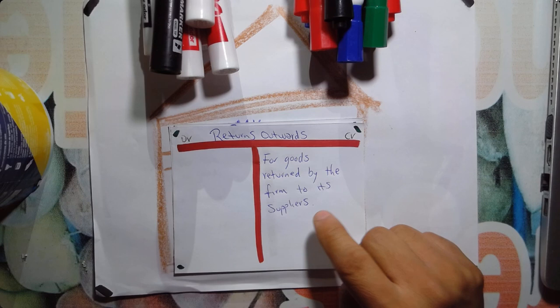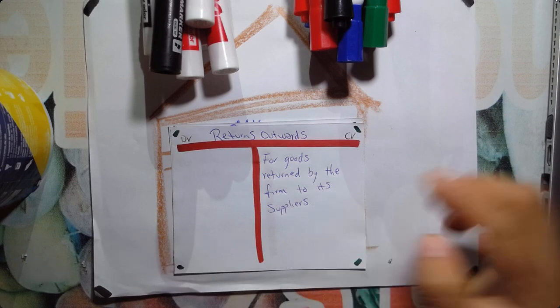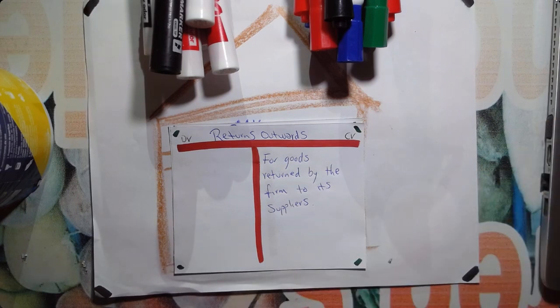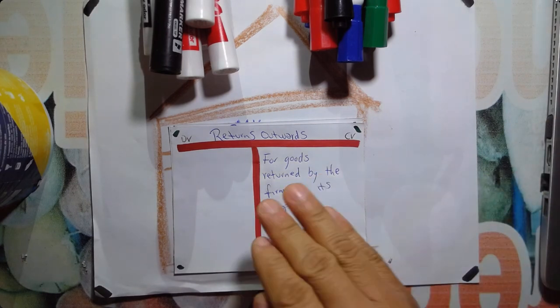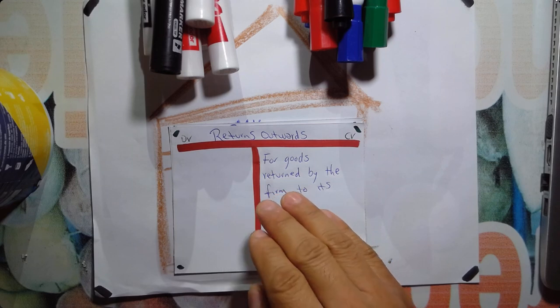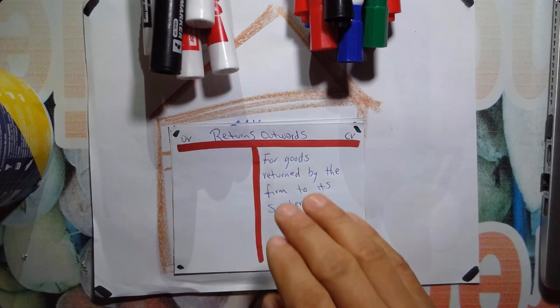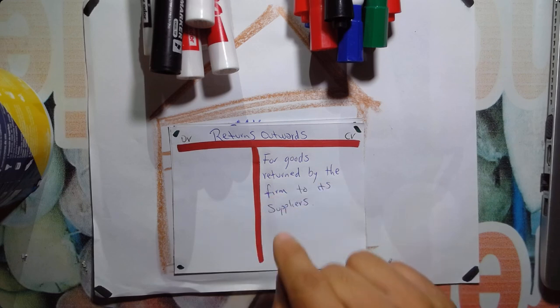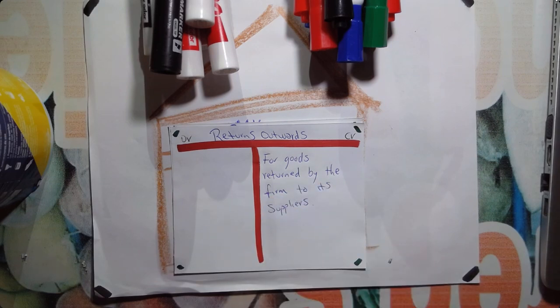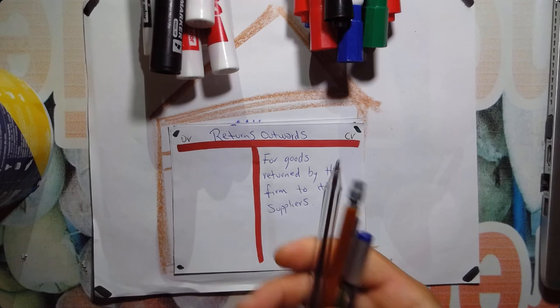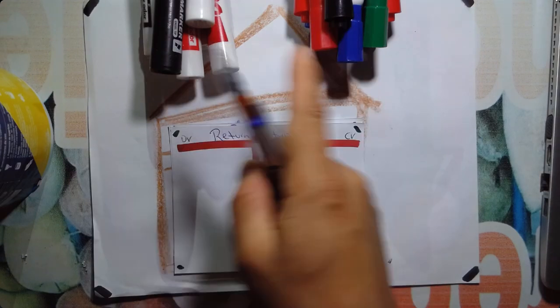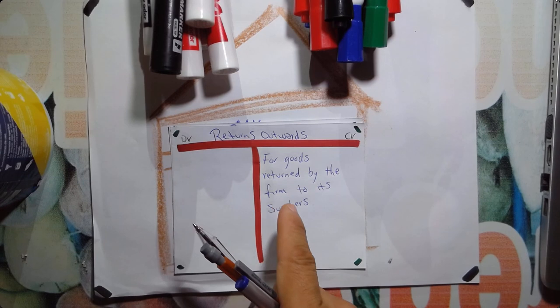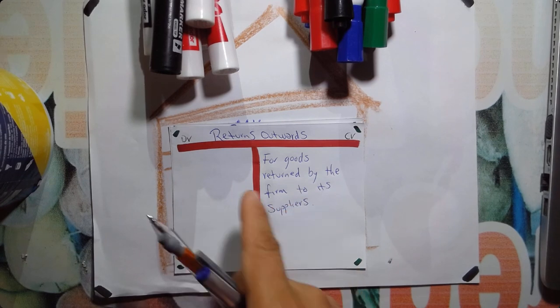We use return outwards for goods returned by the firm to its suppliers, which is what I explained earlier. What are we doing right here? We are decreasing inventory, and we are decreasing it on the credit side because we have less inventory. And the only way we can decrease this account is by using the return outwards.